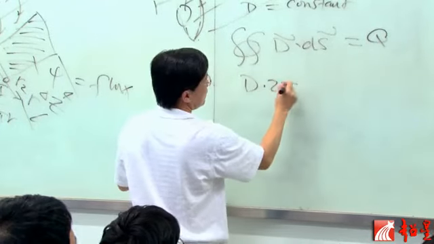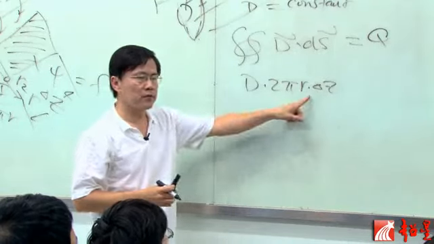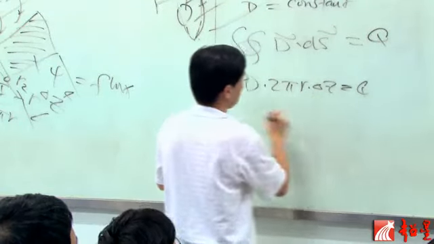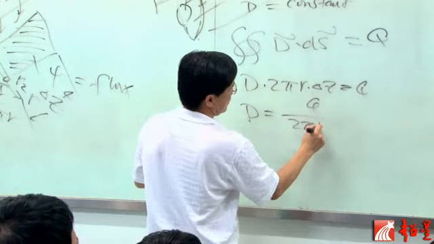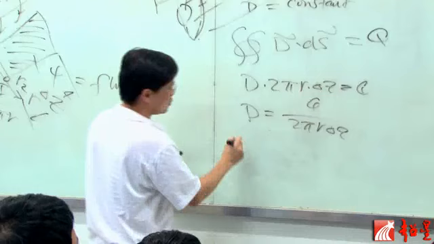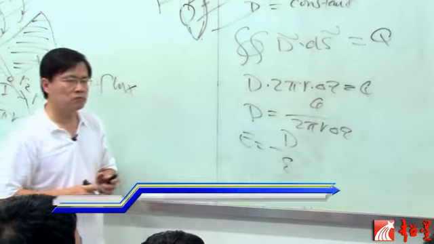So it's 2 pi R delta Z. That's the surface area, right? Which is equal to Q. That will give you D, which is equal to Q over 2 pi R delta Z. And that will give you E, which is equal to D divided by epsilon.